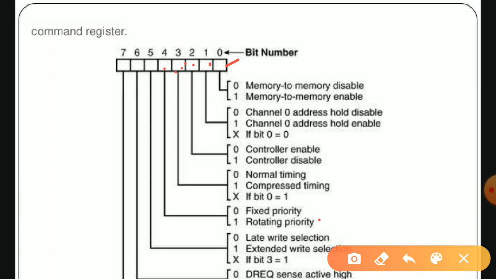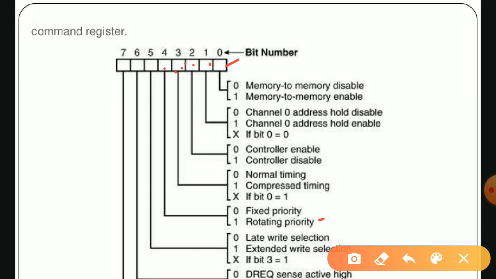Whereas the rotating priority method is such that, suppose in one DMA cycle I consider channel 0 to have the highest priority. For the next DMA cycle, it rotates to the next channel, so channel 1 has the highest priority. For the next DMA cycle, channel 2 has the highest priority.